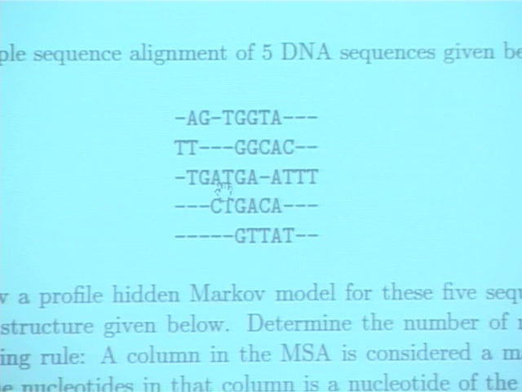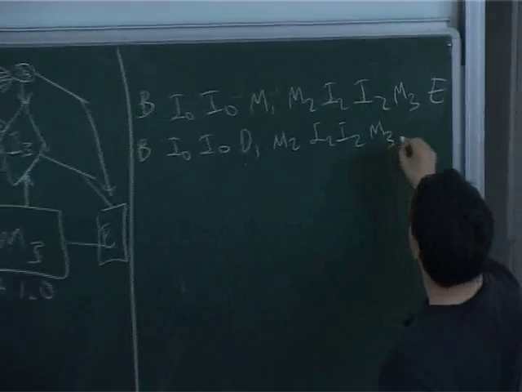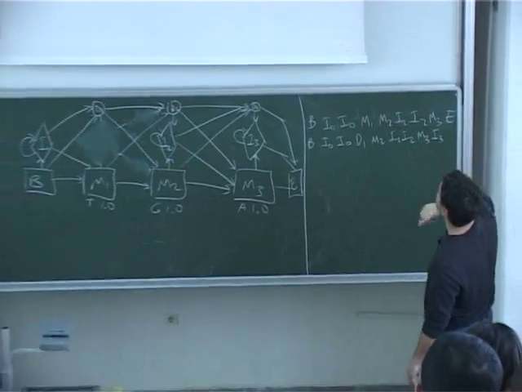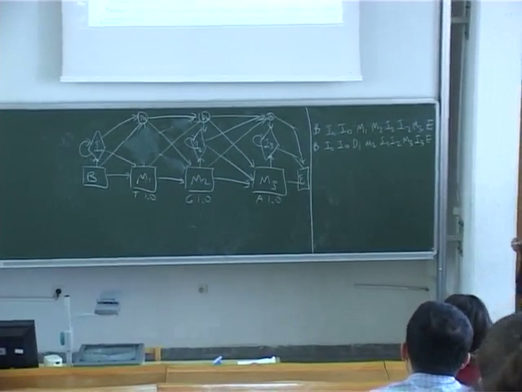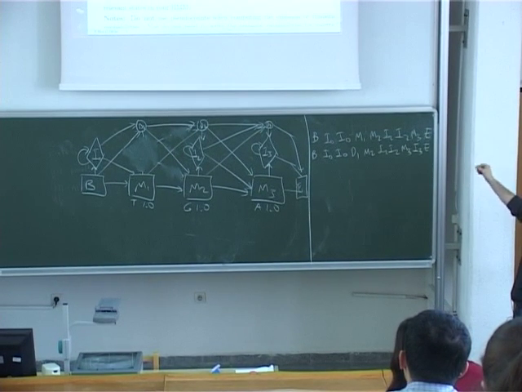So it goes to delete 1, and then match 2, and then 2 inserts, 2 I2s, and then M3 and I3. The C is emitted from I3. Okay, so this is the second sequence. I0, I0, D1, M2, I2, I2, M3, I3, E.